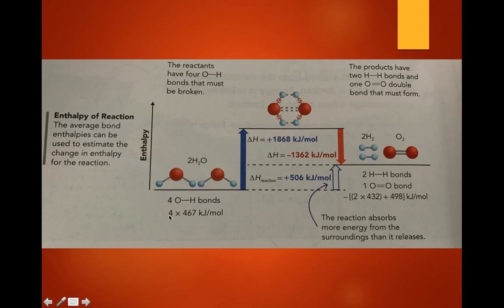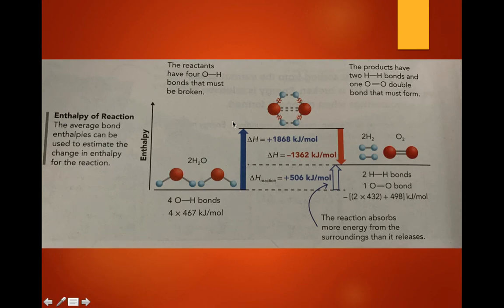That's what we're starting with, because when we're doing a reaction, first we have to break it, mix it up, and then we make some new things. So the average bond enthalpies can be used to estimate the change in enthalpy for the overall reaction. The reactants have 4 oxygen-hydrogen bonds, and those all have to be broken. When we break bonds, it takes energy.